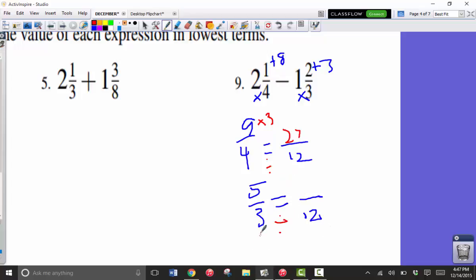For the other fraction, 3 goes into 12 4 times. Multiplying with the numerator, 20. Remember that this is a subtraction problem. So subtract your numerators. 27 minus 20. 7 left over. Keeping the same denominator. You're done.